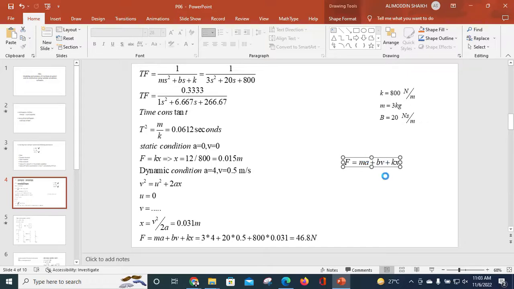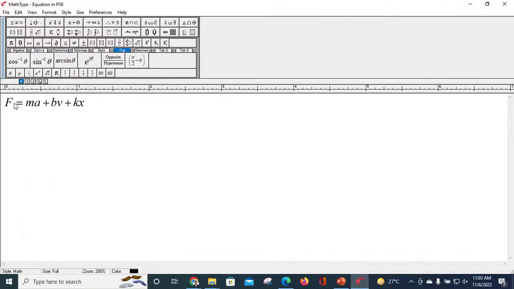We will write this statement in another way, so I will make the f smaller. f of t is mass into d2x by dt square. Here I have to take one division, and here again I have to take a division.